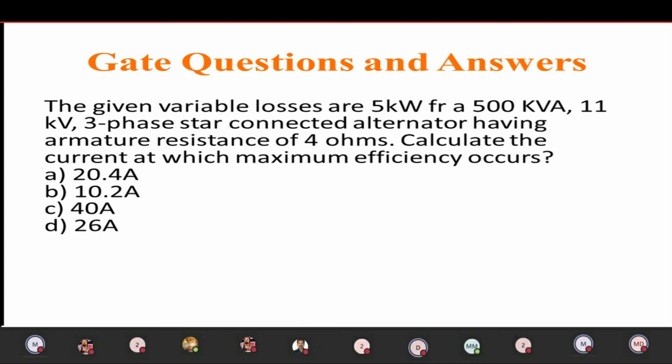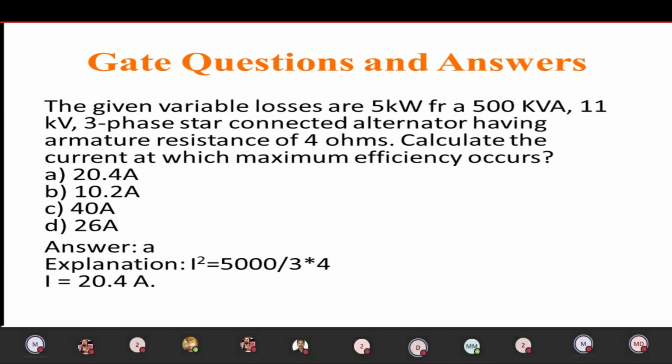A 500 kVA, 11 kV, 3 phase star connected alternator has an armature resistance of 4 ohm. Calculate the current at which maximum efficiency occurs. We have 20.4 amps, 10.2 amps, 40 amps, 26 amps. So the answer is 20.4 amps.